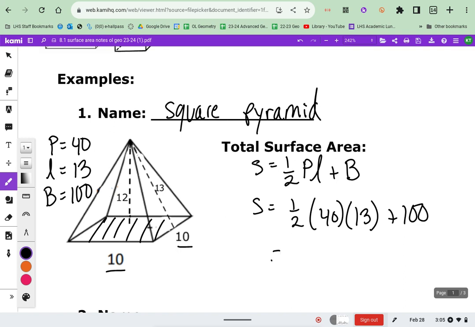Did you guys get 360? And then surface area is always in units squared. So units squared.